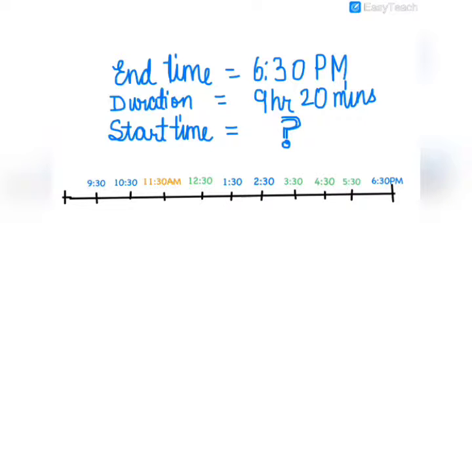We'll draw a timeline simply and mark the ending time, and then we will start counting backwards by 1 hour.